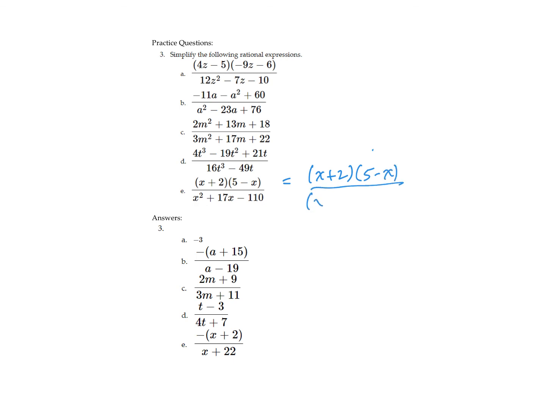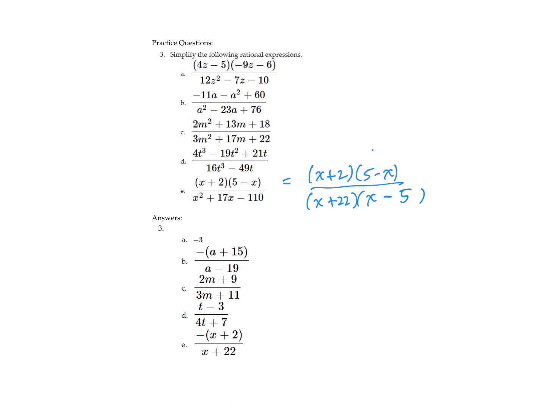In the bottom, it's a simple trinomial, so we need two numbers that multiply to get 110 and add to get 17. So let's see, 110. So 5 and 22. So it has to be positive 17, so we'll have positive 22 minus 5.